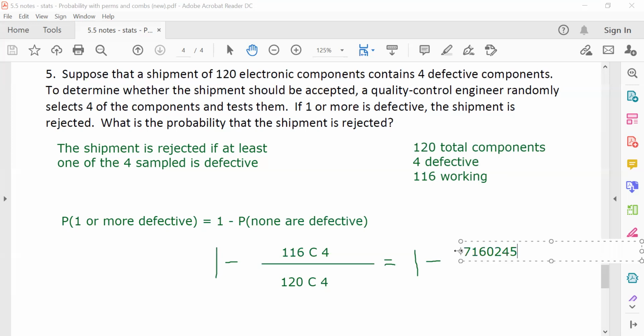I'll just pop them down here. 120C4 is going to be on bottom here. And what you're going to end up with is about 0.128.